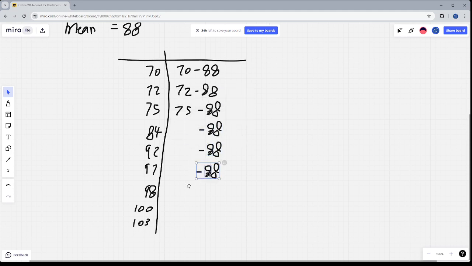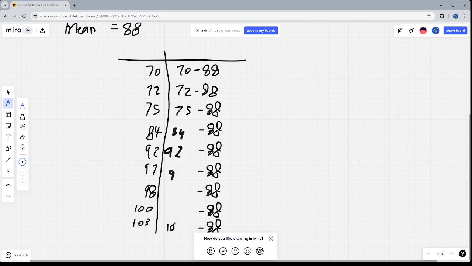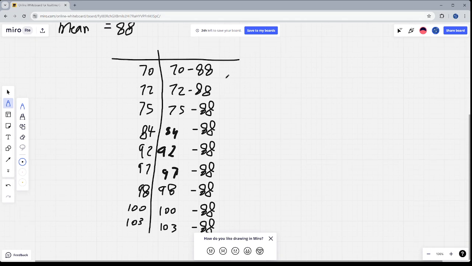Let's go through one at a time and see how far each of them are. Okay, now let's figure it out. So 70 minus 88, what do we get?